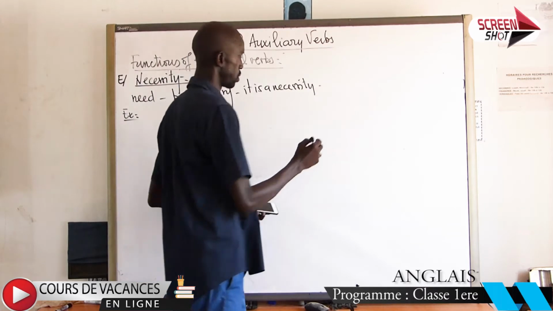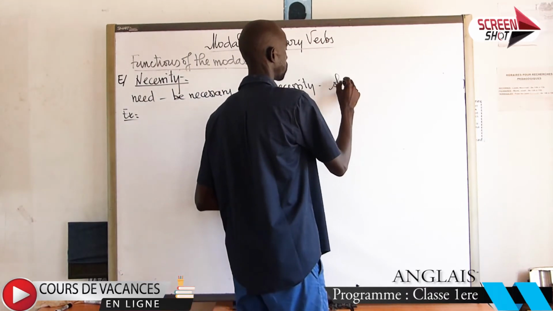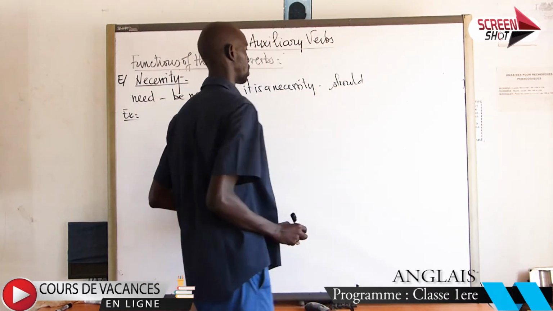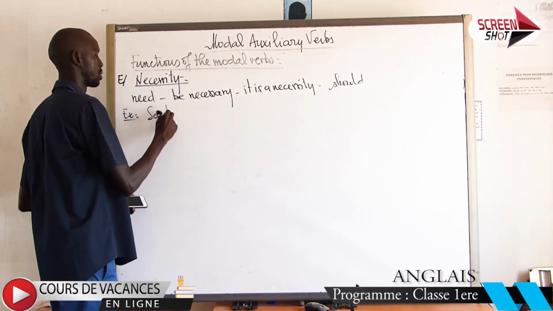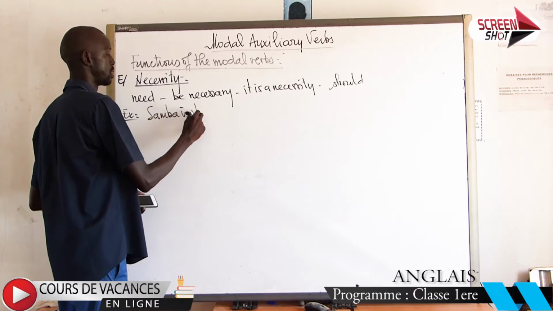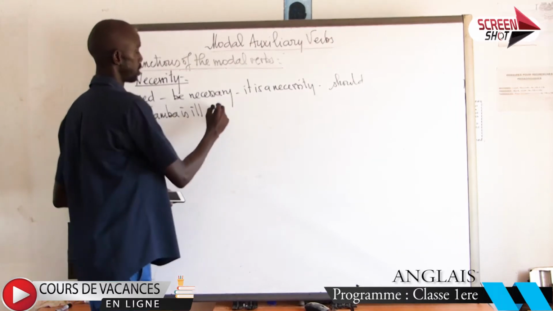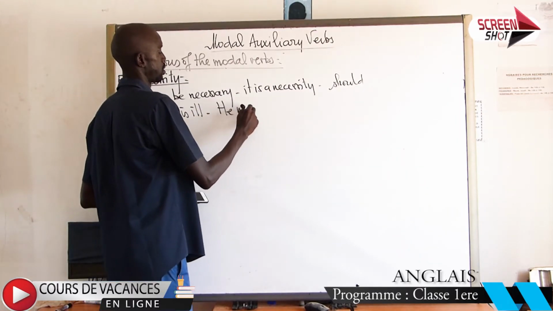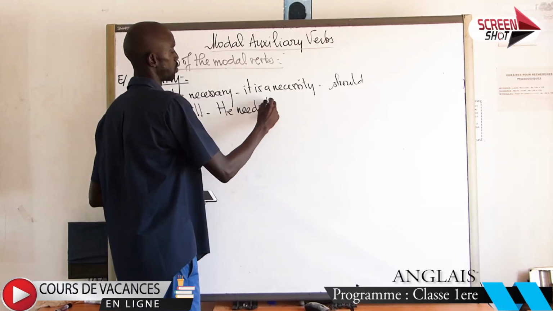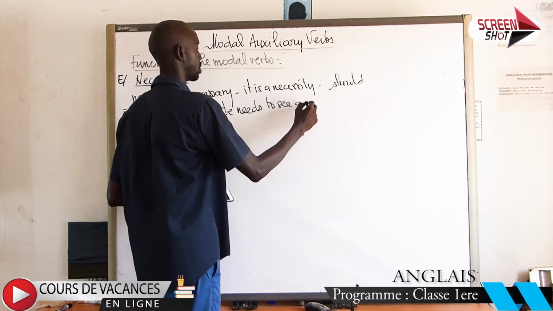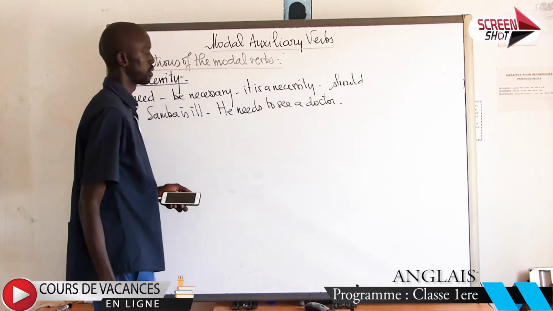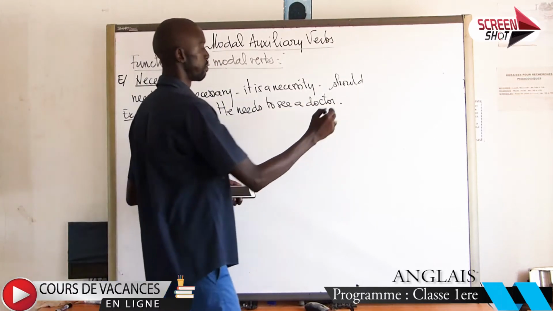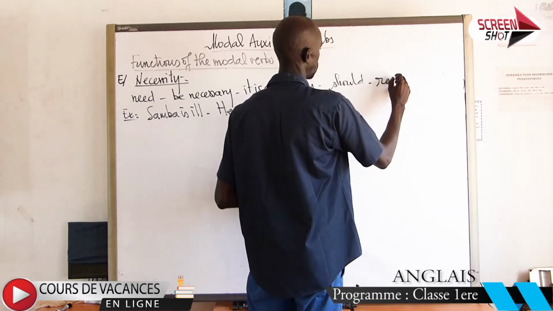For example, we have should also. Should. For example, Samba is ill. He needs to see a doctor. We have also the verb require.